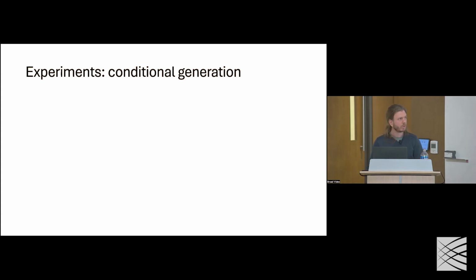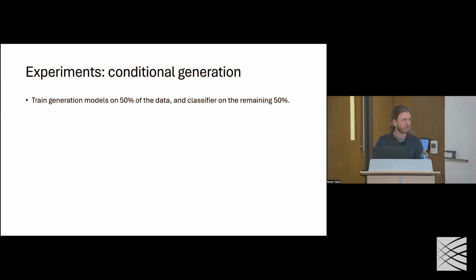Okay, so I will now briefly go through conditional generation, where we consider two different properties. The setting is that we have 50% of the QM9 data as the training data and 50% as training data for a discriminative model for the same property that we train the generative model. And these are the two models for alpha polarizability and delta epsilon, the HOMO-LUMO gap for the orbital energies.